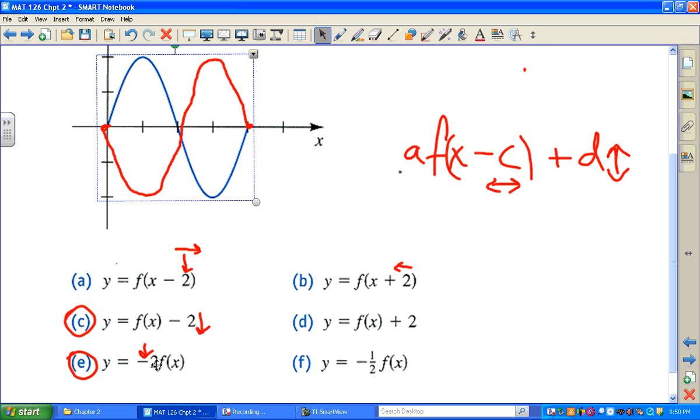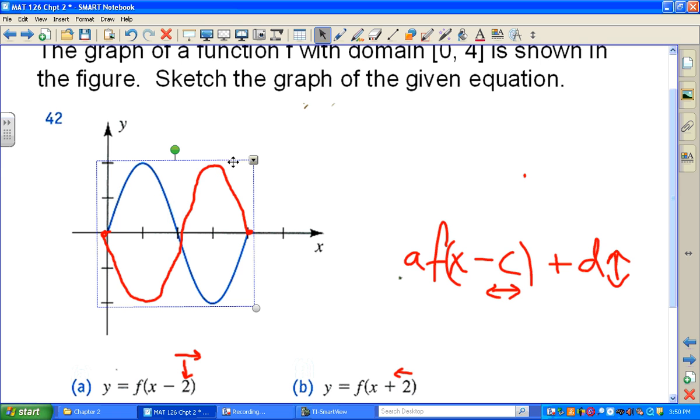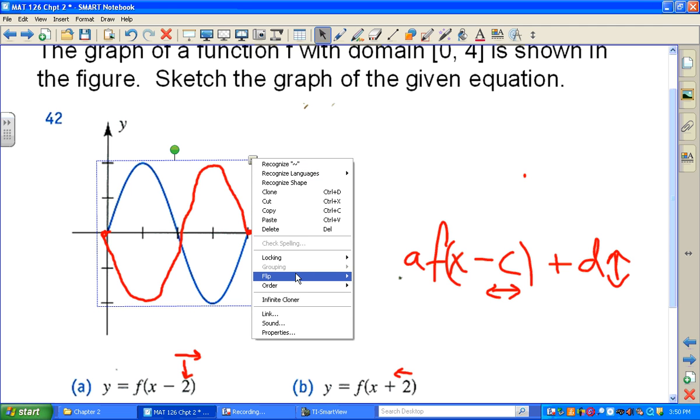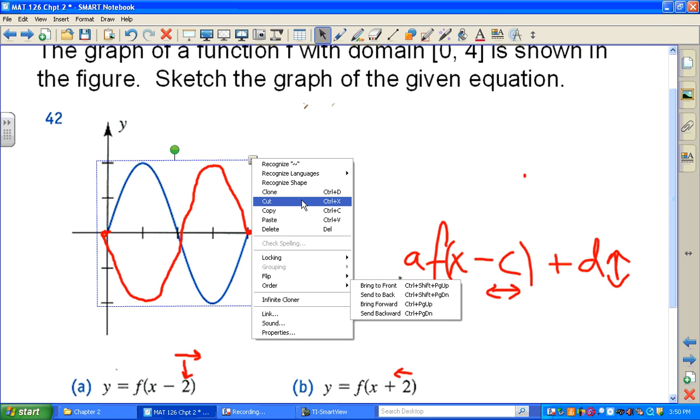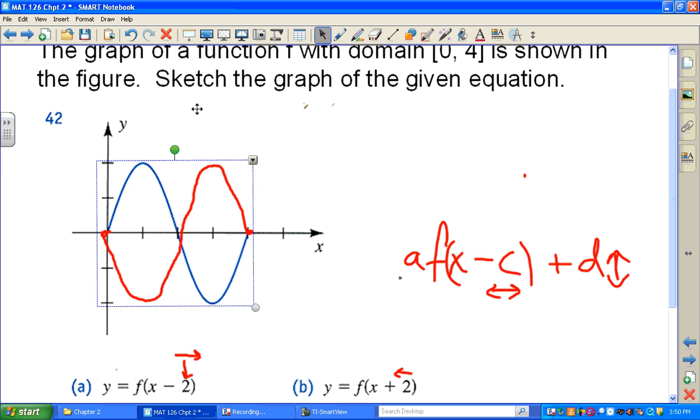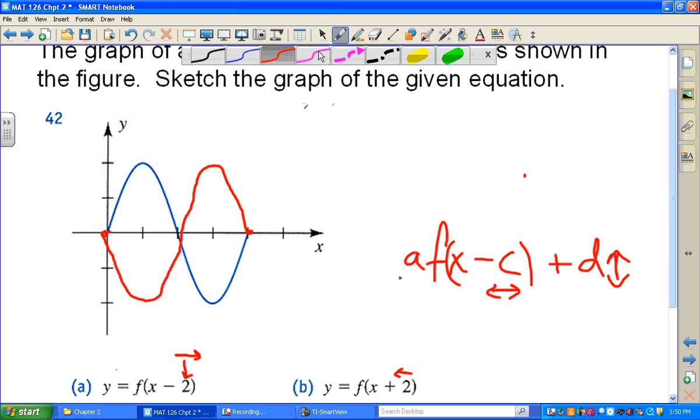And then it says it's going to stretch it by a factor of 2. I don't know if I can do that on this graph. No, I can't. Well, anyway, if I want to stretch it, that means the high points would be up 2 if I'm going to stretch it by a factor of 2, and the low points would be down more by a factor of 2.